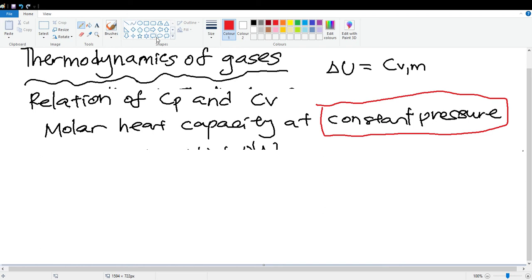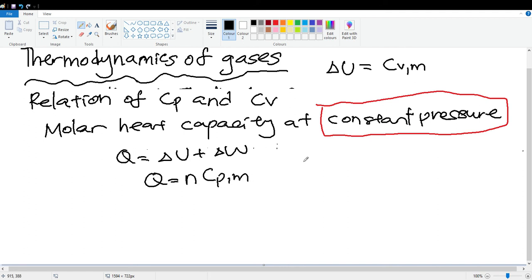Based on the first law of thermodynamics, Q is equal to delta U plus delta W. My Q is equal to nCpm delta T, which is the molar heat capacity at constant pressure.